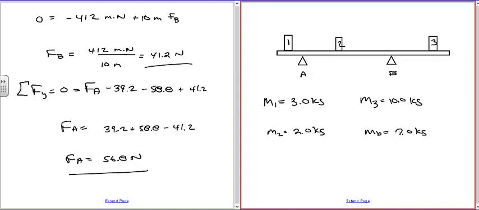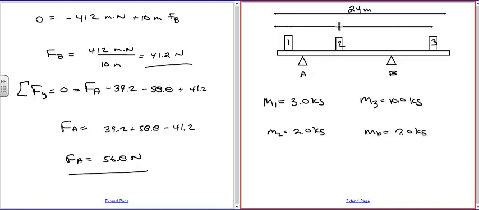Okay, let's put some dimensions on this thing. So let's go with the whole beam length first. We're going to make this 24 meters. And we'll take the distance from this edge to here, this to there, that to there, that to the end.